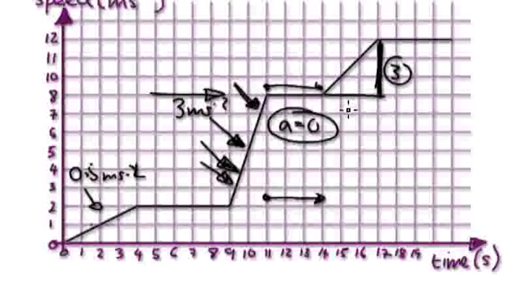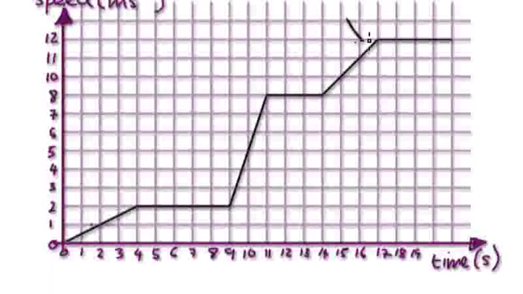The height here is 3, divided by the across here, which is also 3. So 3 divided by 3, the acceleration here is 1 meters per second squared. And by the way, the acceleration here is still 1, and here is still 1. Now the acceleration here is 0.